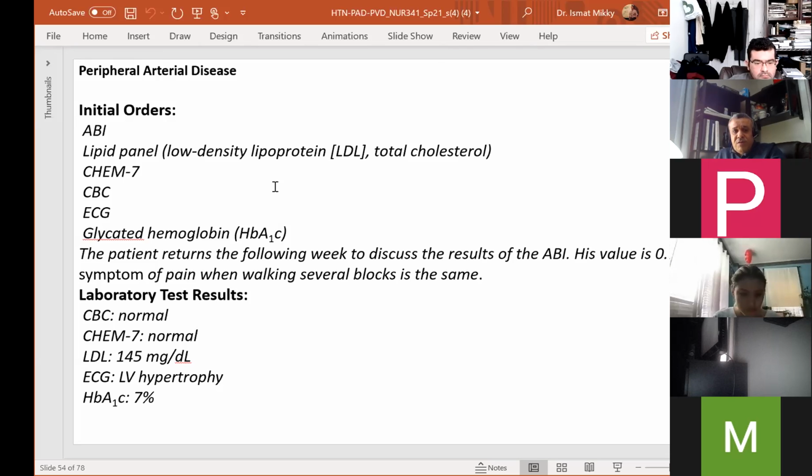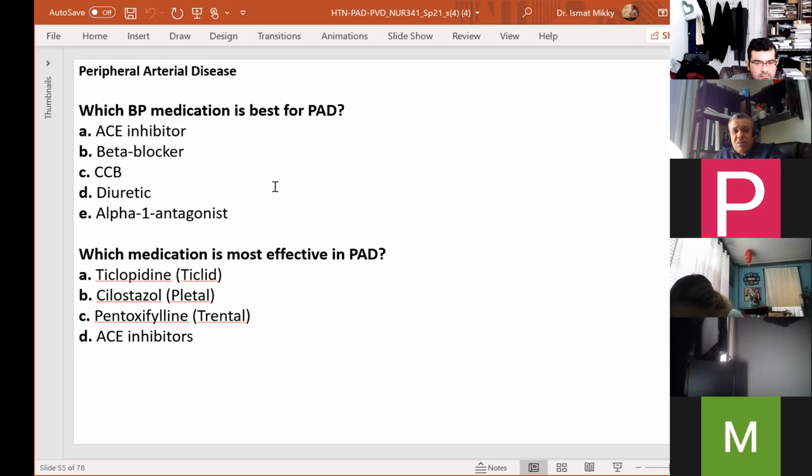The LDL is 145, the EKG showed left ventricular hypertrophy, and the hemoglobin A1C is 7%. So now, which blood pressure medication is best for PAD?